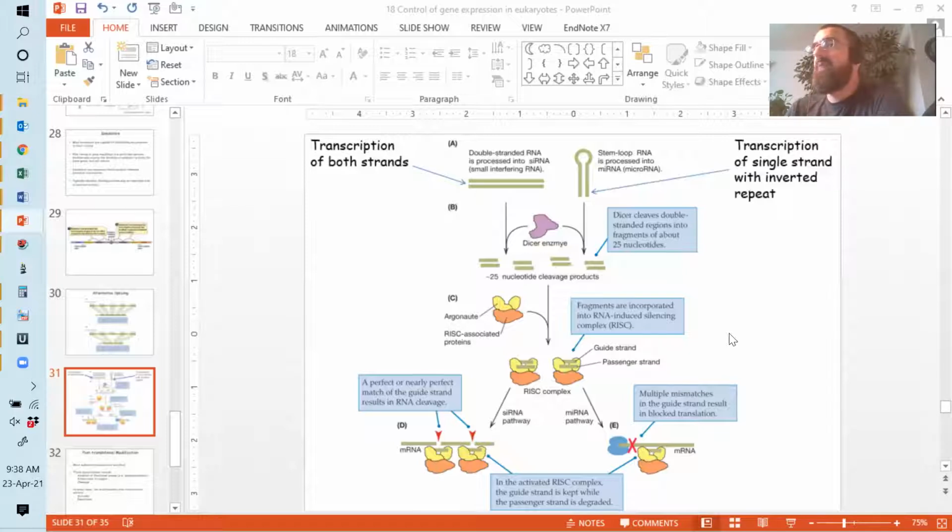And the degree of matching actually changes the outcome to some extent. Does that make sense? These are essentially like guides. These are little barcodes that will recognize mRNAs in the nucleus and in the cytoplasm too.